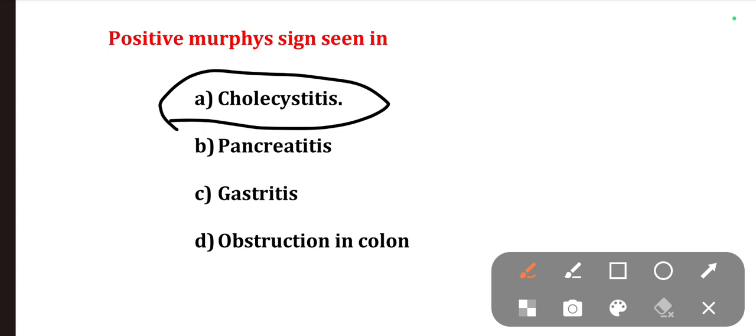The positive Murphy sign we can see when the examiner is pressing the right upper quadrant, and at the same time the examiner asks the patient to take a deep breath. During that time the patient will have pain there. So that is positive Murphy sign.